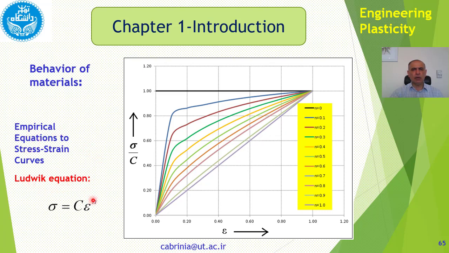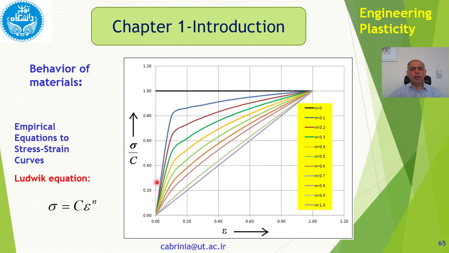In fact, this is an equation but based on experimental evidence. Now this Ludwig equation has two constants, c and n. Sigma equals c epsilon to the power of n. This n is called the strain hardening exponent, right?